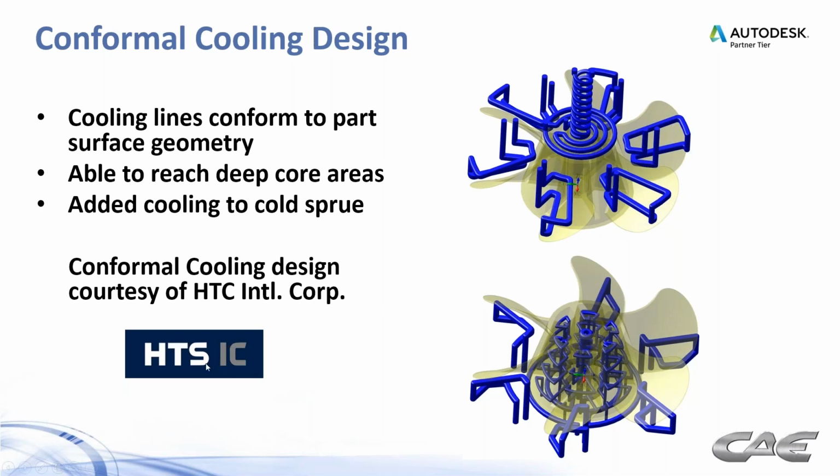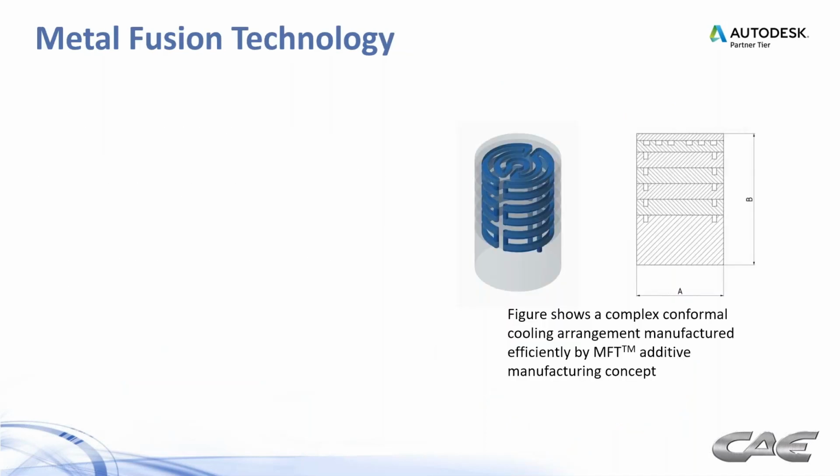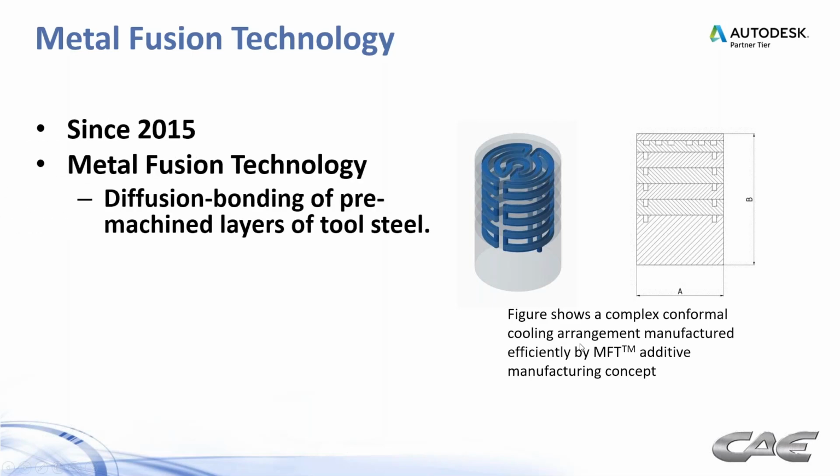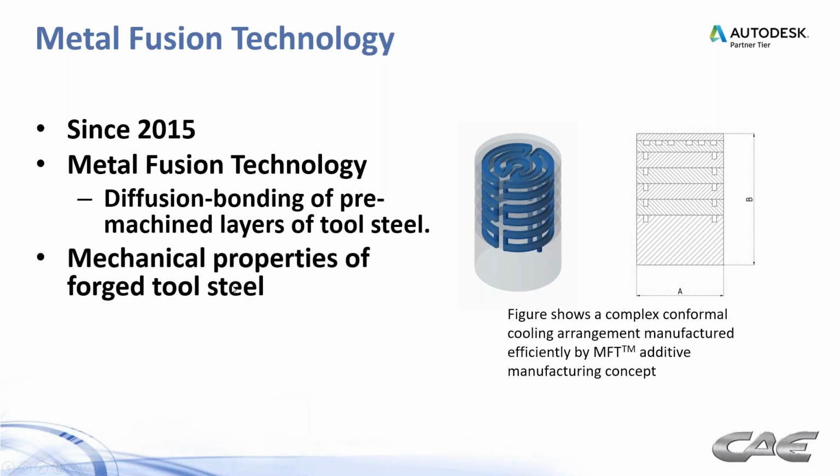This was a design, just a little shout out to HTS for their particular type of conformal cooling. The way they do this shows a complex conformal cooling arrangement. They've been around since 2015. It's called metal fusion technology. They do diffusion bonding of pre-machined layers of tool steel, which is good because it has the mechanical properties of forged tool steel.